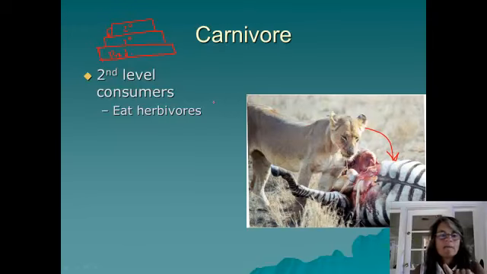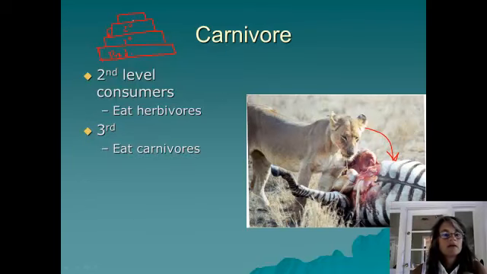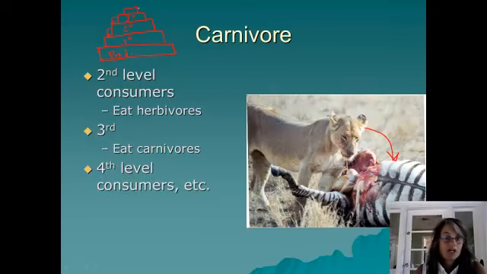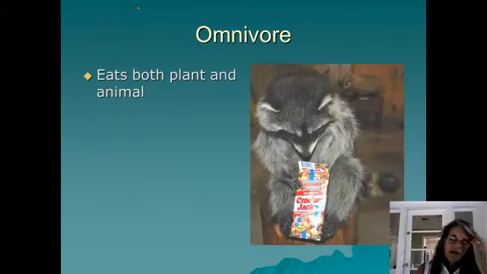Okay. Now, carnivores can also be at the third level, okay, a tertiary level or third level consumer, in which case they would be a carnivore eating another carnivore, okay? You can even have a fourth level, though normally we don't typically go up much higher than that, okay? And we'll talk about why that is shortly.